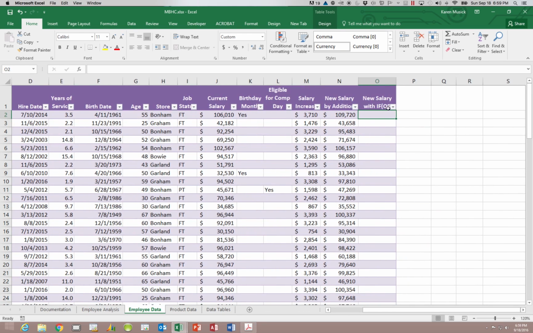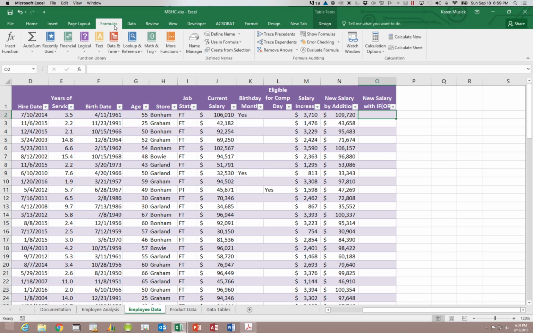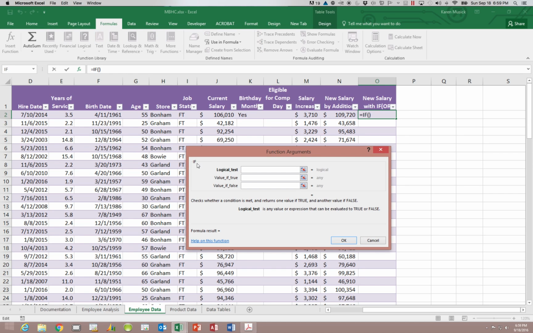All right, so let's start our if statement. Formulas, logical, if. My decisions don't change. Or, open the parentheses. The store is equal to, in quotes, Bonham, close quotes, separate the decisions with a comma.